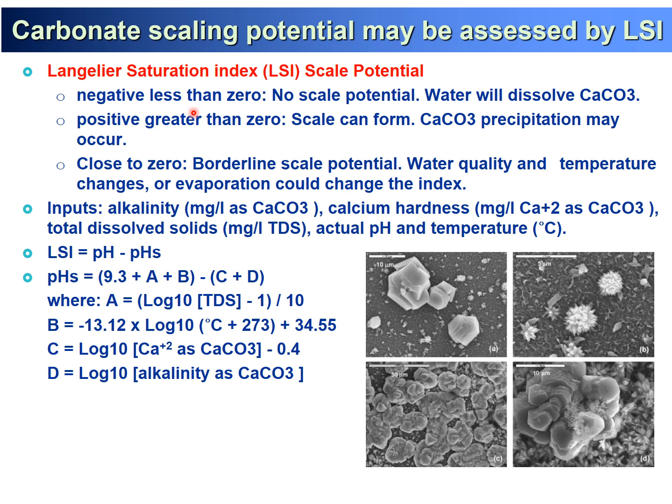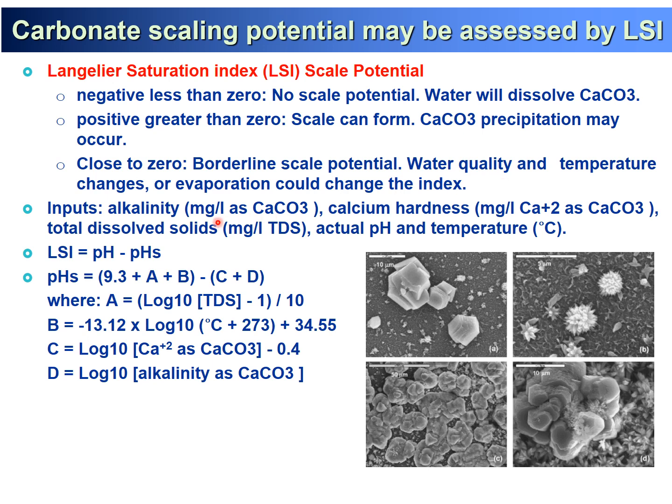If we look at the previous slide, it was 1, 1, and 10, so we have a positive value, which means you will have very high scaling potential. Calcium carbonate may occur. Close to 0 is borderline scale potential; water quality and temperature change, or evaporation, could change the index.